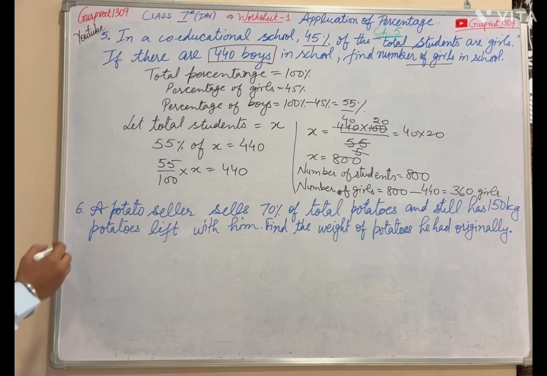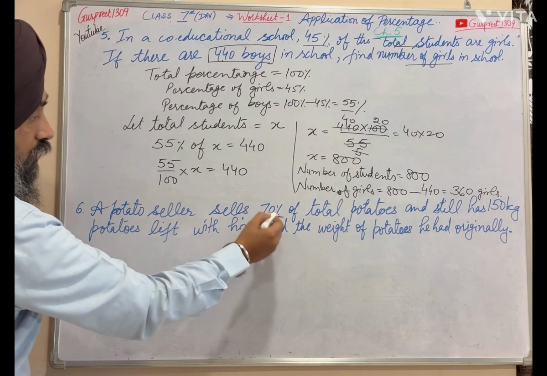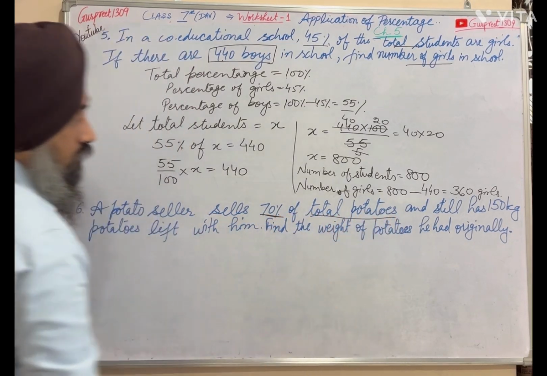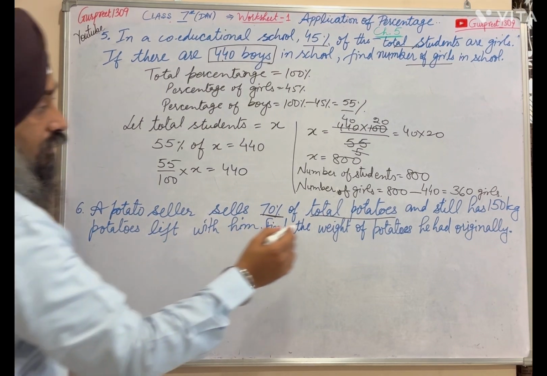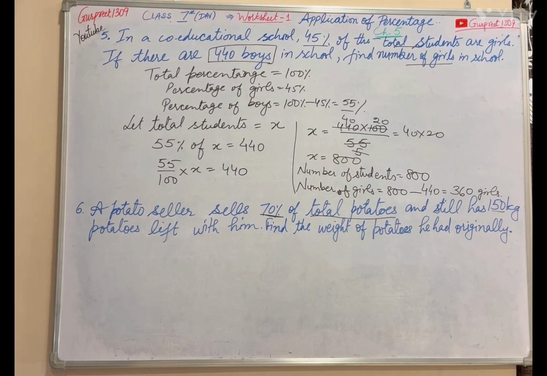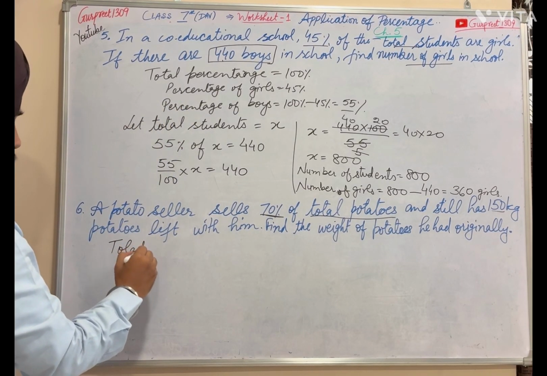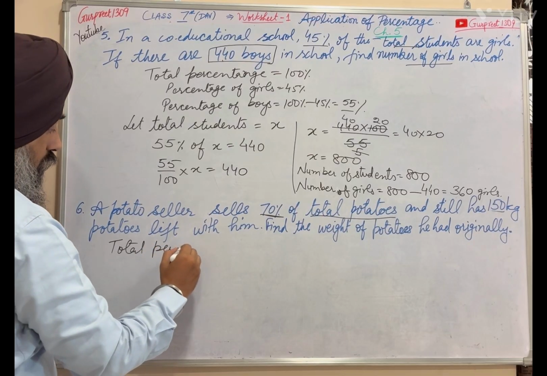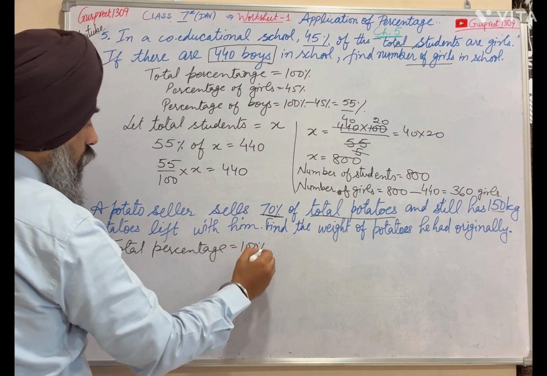Now in the next question, number 6, a potato seller sells 70% of the total potatoes. Total 70% he has sold, and still has 150 kg pending. So we will again start with the total percentage. What is the total percentage? Total percentage again is 100%. We know that well.